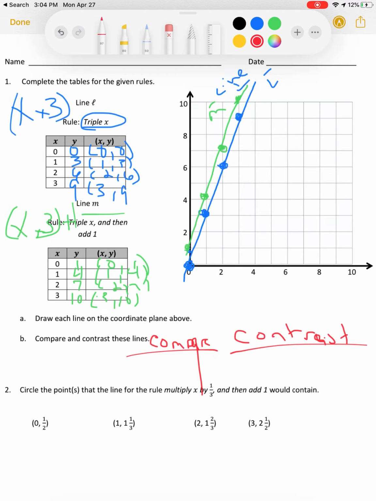So let's compare and contrast line L to line M. Okay, what do you see that are very similar? Things that are alike between these two lines. Line green and line blue. All right, I see that they're both diagonal lines. I'll put that down for a comparing point, diagonal lines.